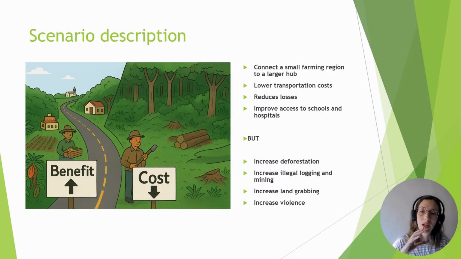But this isn't just any road project. It is in a remote area of primary rainforest, home to endangered species and indigenous communities. And evidence from several studies shows that paving roads in places like this often leads to deforestation, illegal logging, mining, land grabbing, and violence.